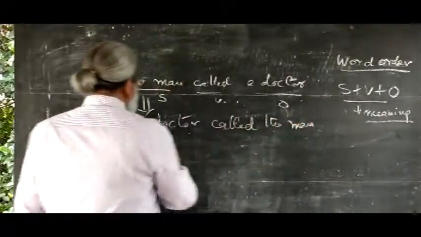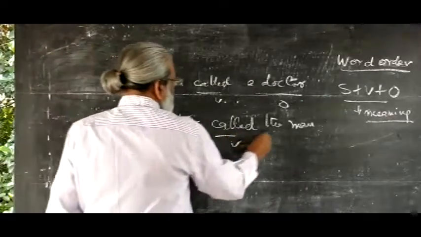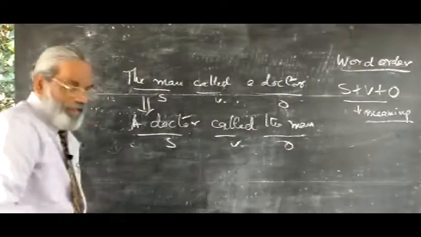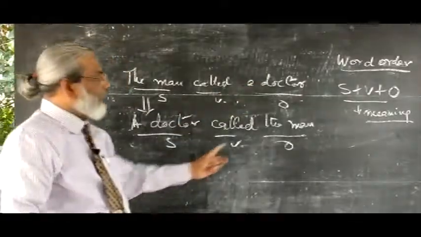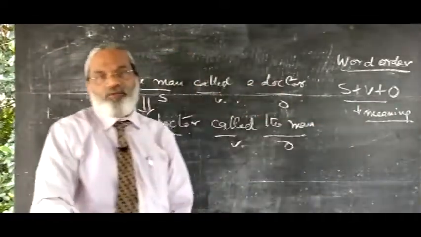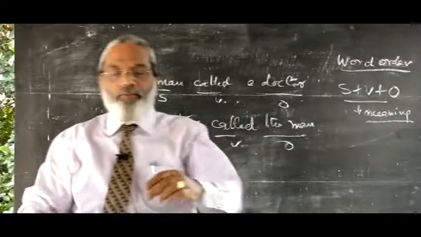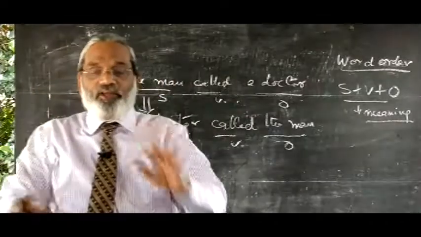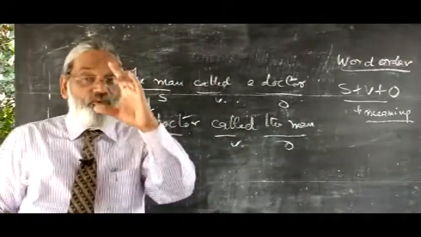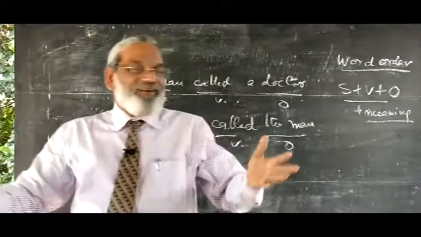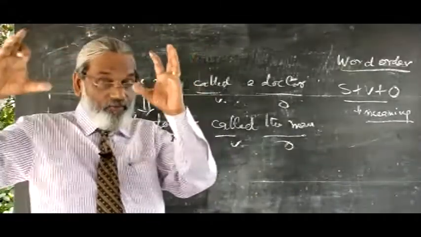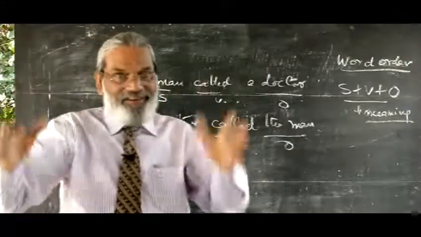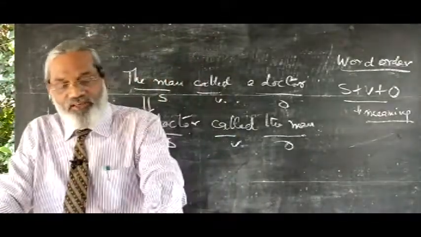Look here. Here the subject is a doctor, verb called, the man object. They are reorganized and rewritten. Order is okay, but meaning will be different. So you have to keep in mind which semantic side, which meaning side you opt for. Then only the sentence will be right. So first keep the order S followed by V plus O, then check whether the sentence is correct.